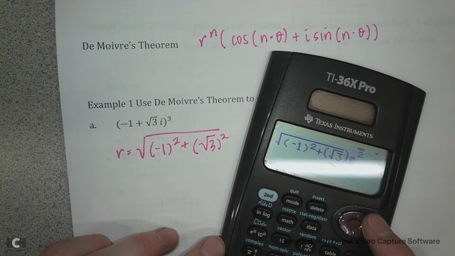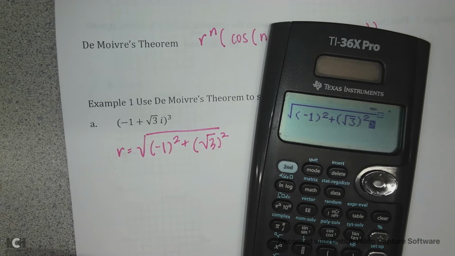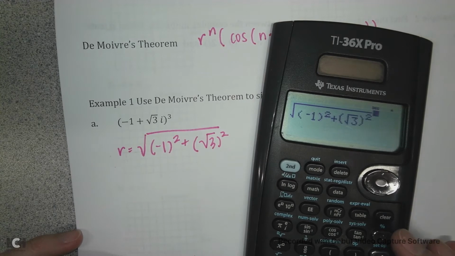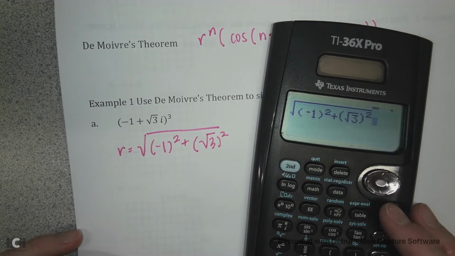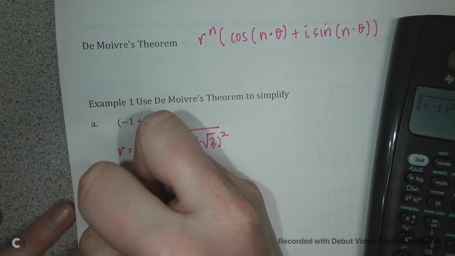Let me fix the parentheses squared there. Okay, so r is 2.